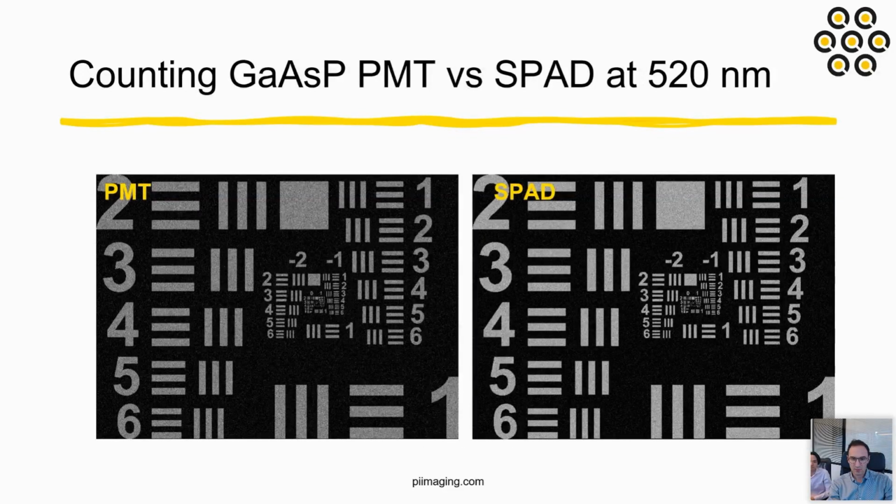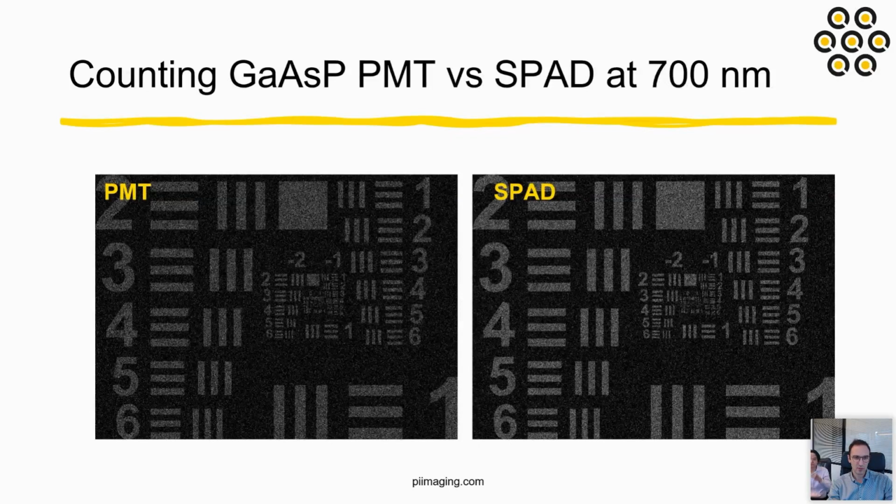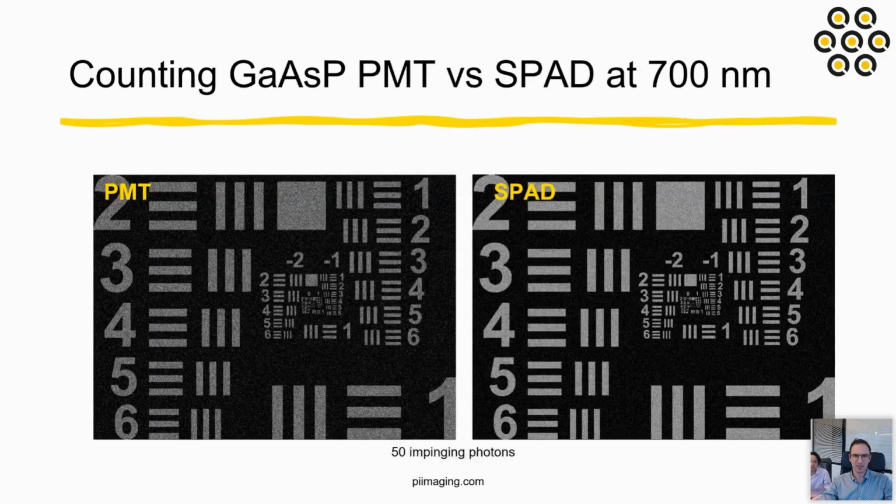Again, you can see a similar comparison at 50 impinging photons, and then we are switching to 700 nanometers illumination, which is really the edge where PMT still makes sense, specifically in this case, the GaAs PMTs. Their sensitivity drops significantly after 700 nanometers and diminishes to almost 0 afterwards.